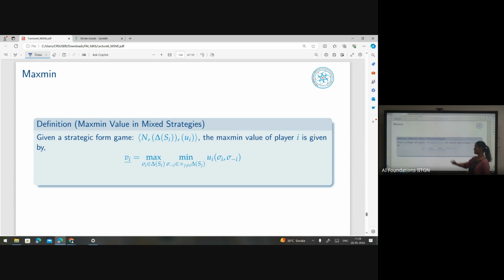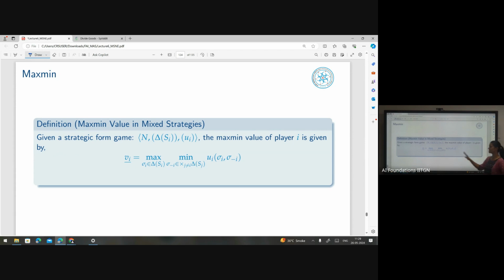And I'm trying to find the minimum out of all those. Now I will play a strategy which maximizes the minimum. That's when I'm guaranteed to get at least that much value. So for all possible mixed strategies that the others are playing, what is the minimum that I'm going to get, and what is the maximum over all the mixed strategies that I have?